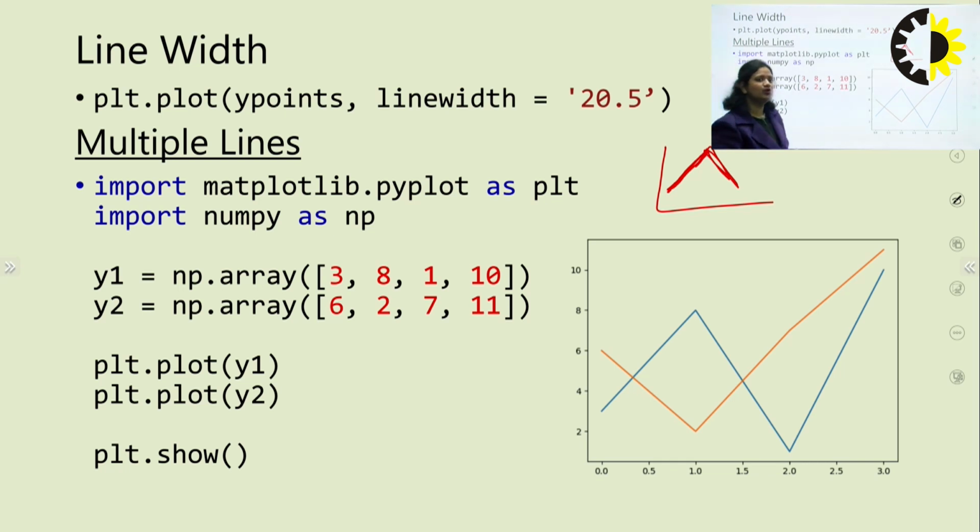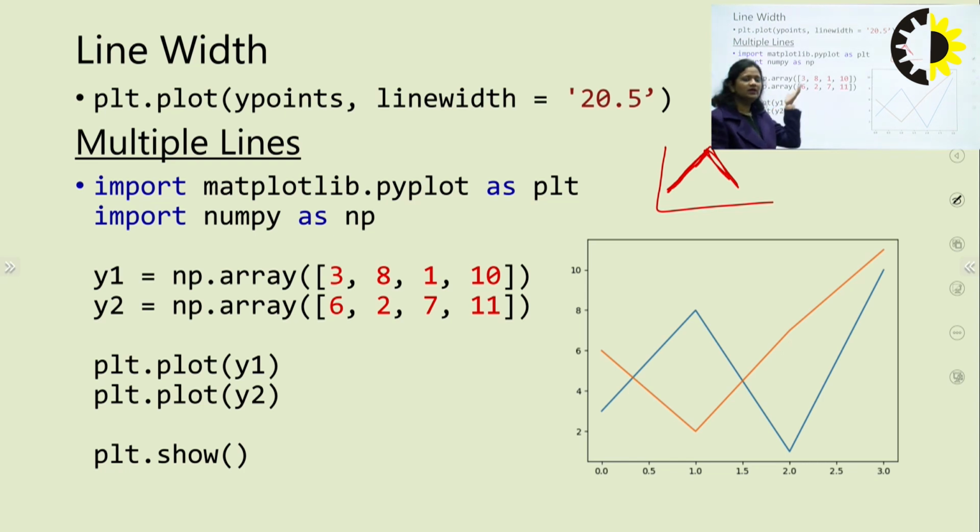Multiple lines. If we have to draw multiple lines, what changes in the program? y1 is equal to np.array, these are the x points, these are the y points. plt.plot y1, plt.plot y2, and so on.